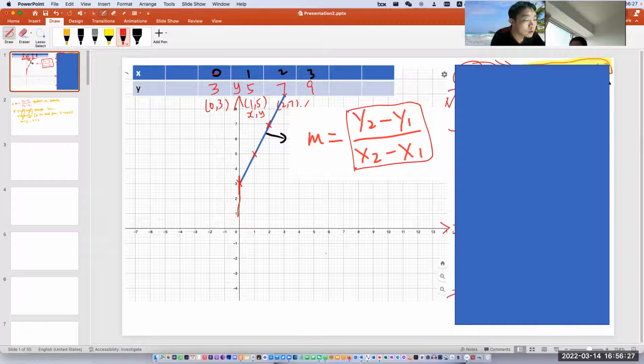If you look at this table closely, you can see that you are using the second pair of x and y minus the first pair of x and y.